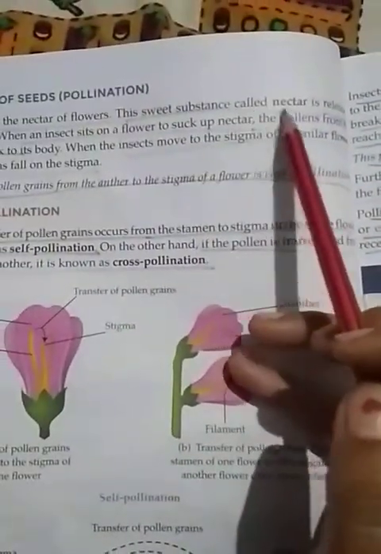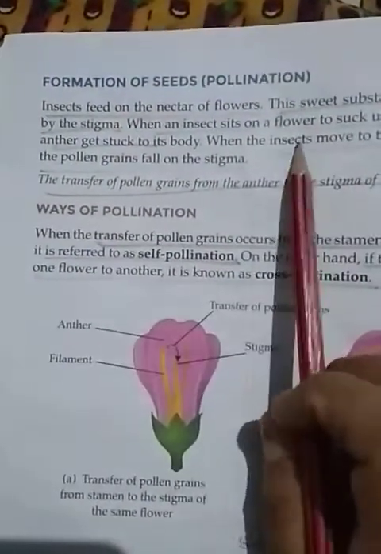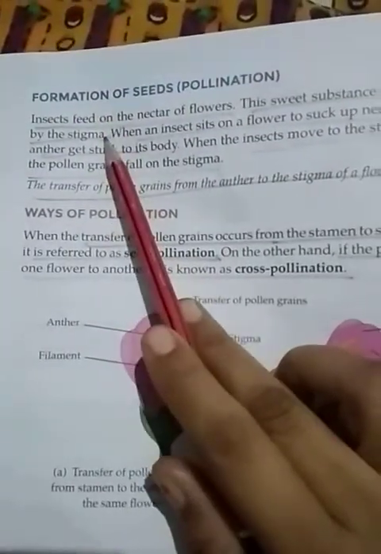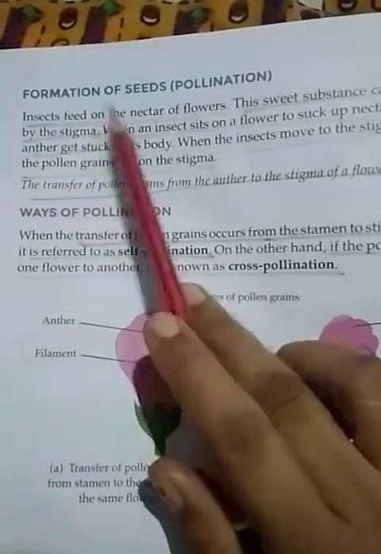The sweet substance called nectar is released by the stigma. So you have studied this stigma portion. It always releases nectar, and insects sit and feed on that nectar.